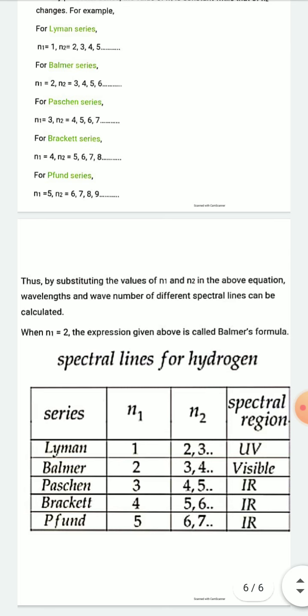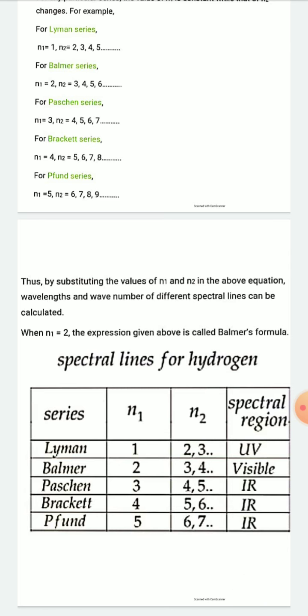Thus, by substituting the values of N1 and N2 in the above equation, that is nu bar is equal to R into 1 by N1 square minus 1 by N2 square, the wavelength and wave number of different spectral lines can be calculated. When N1 is equal to 2, the expression given above is called the Balmer formula.